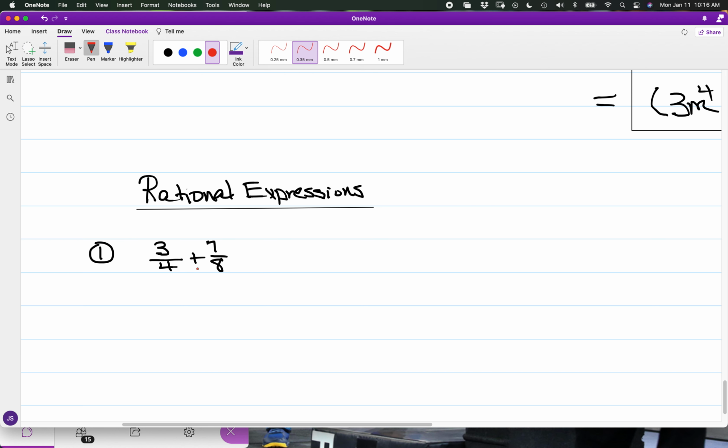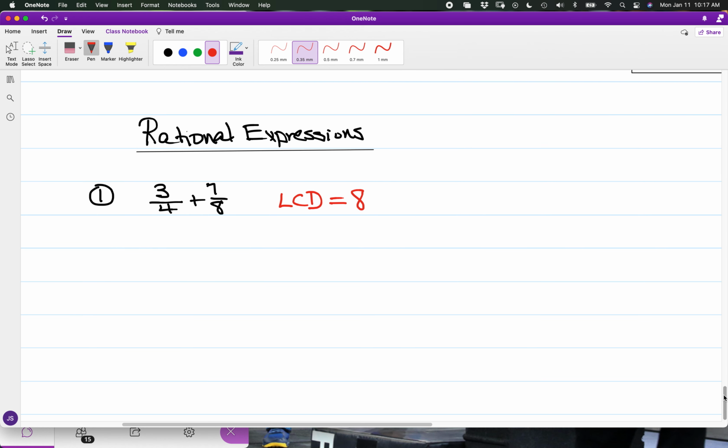But to be able to add fractions, we need the bottom part to be the same. And between 4 and 8, the least common denominator is already present in the second ratio with the number 8.